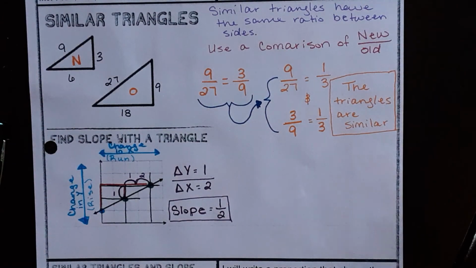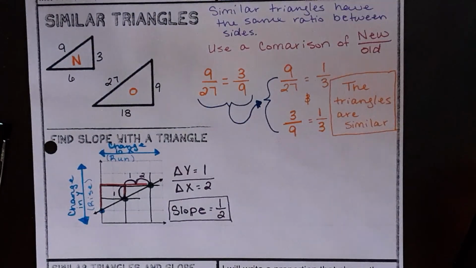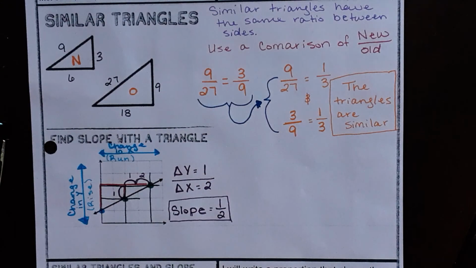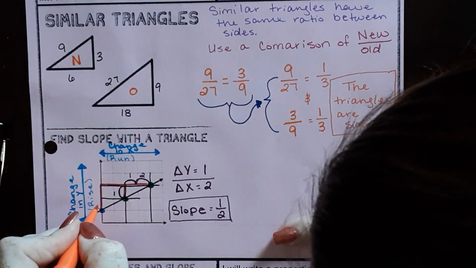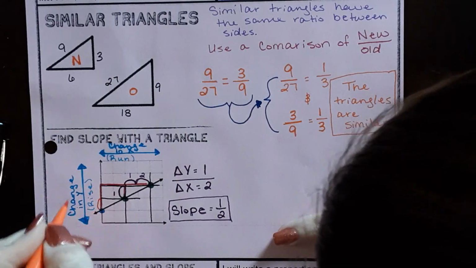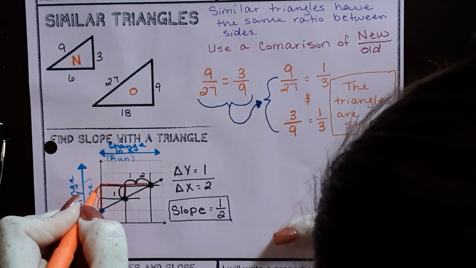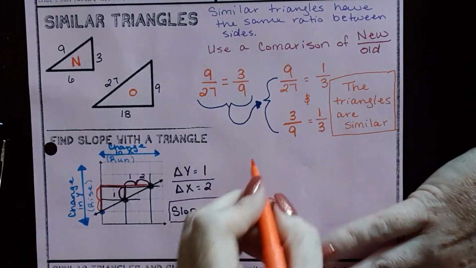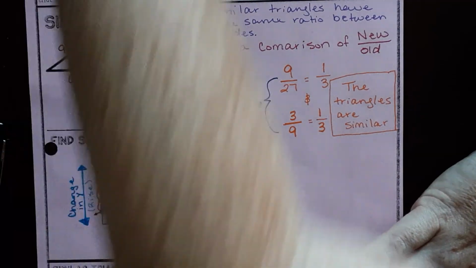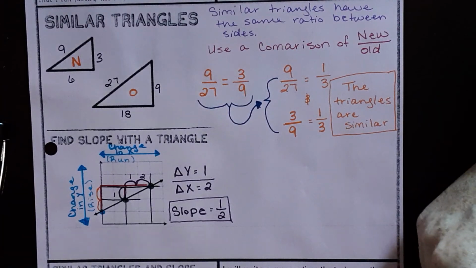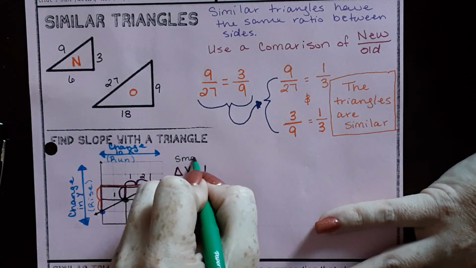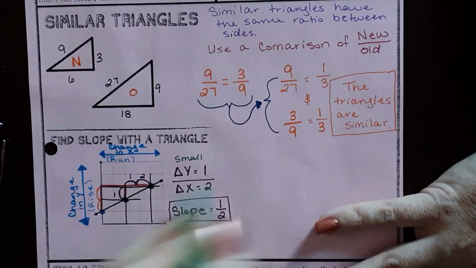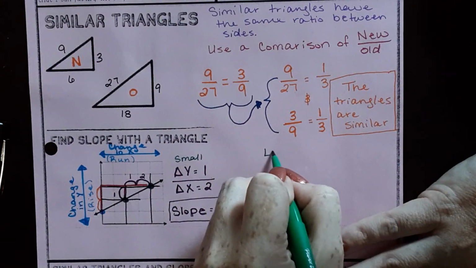So let's count the movements for this larger triangle. We have 1, 2 vertical movements. And I'm going to call this the larger triangle. This is our small triangle. And I'll have my large triangle over here.